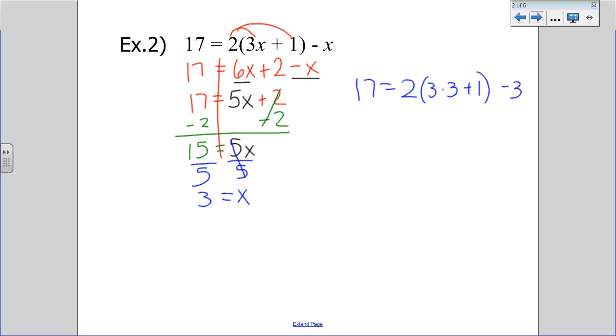Order of operations, we have 9 plus 1 is 10. You're going to simplify that parenthesis. We need to multiply. We get 20 minus 3, and does that equal 17? It sure does. But we have to make sure we're plugging 3 in for each of those x's.